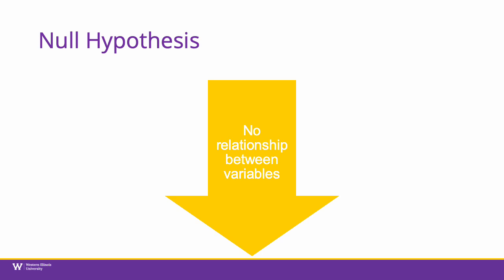So if my hypothesis is, if I put the plant in the closet for 2 weeks, it will die, what I want to know is, is it still alive? No, it's not still alive. Well, putting it in the closet doesn't keep it alive. So the null hypothesis is testing that there's no relationship between those variables. And then a hypothesis will tell us to what extent there seems to be evidence to support that there is that relationship.